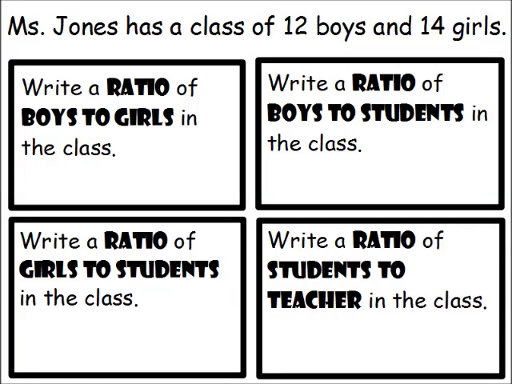Let's practice writing some ratios. Miss Jones has a class of 12 boys and 14 girls. Write a ratio of boys to girls in the class. So we'll color our boys blue and our girls pink. And how many boys do we have? 12 boys. So 12 boys to 14 girls.